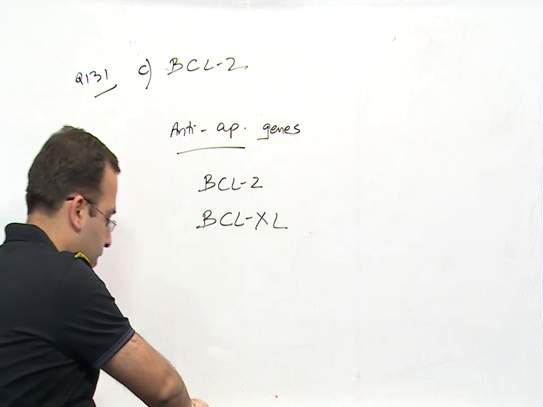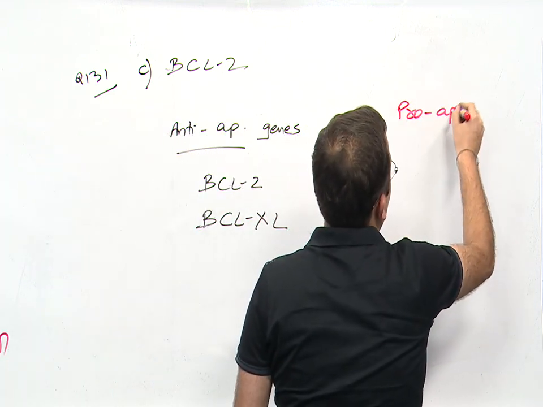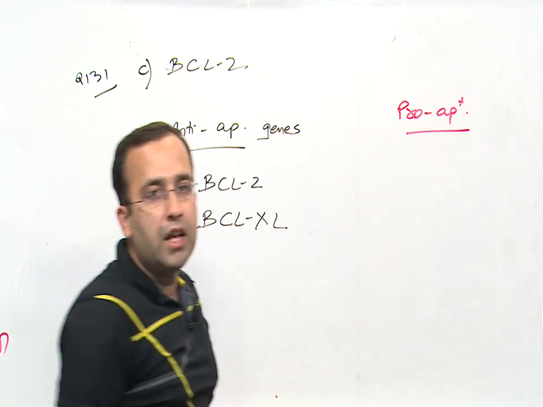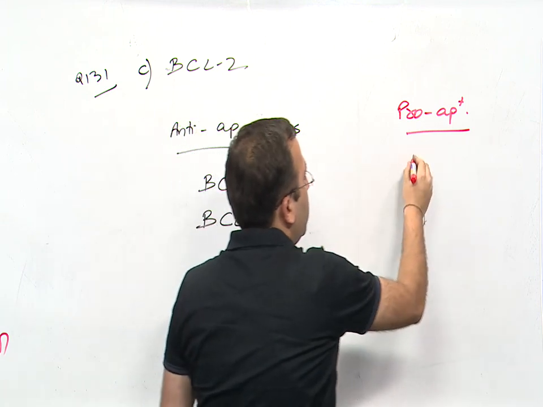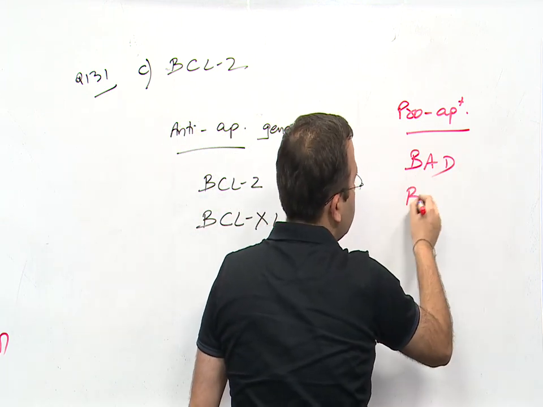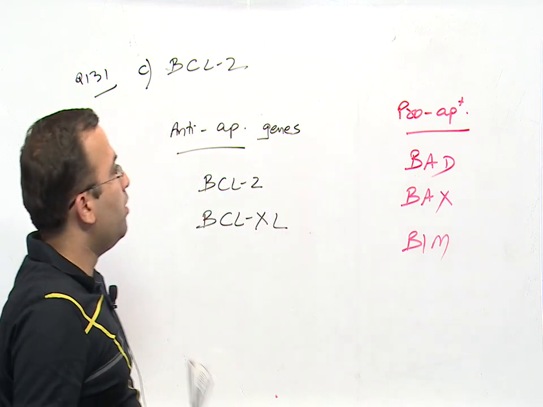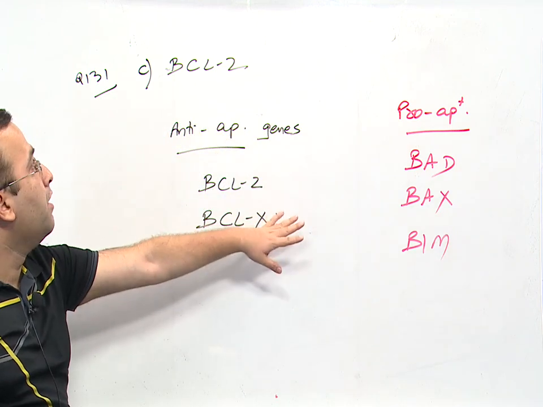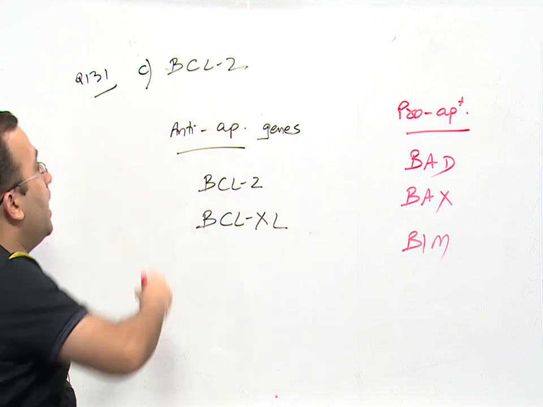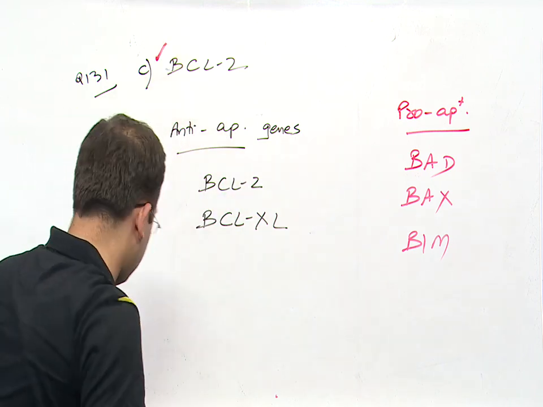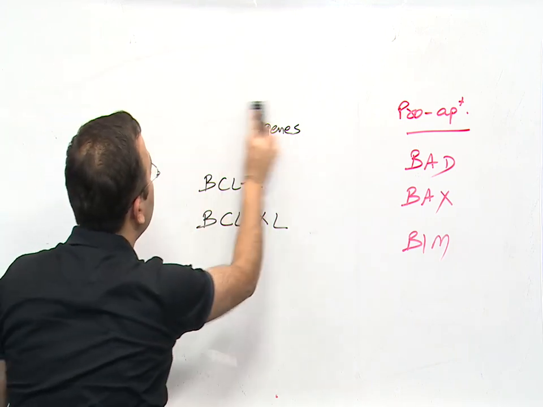Whereas the pro-apoptotic genes are bad, Bax and BIM. So the answer, anti-apoptotic, is BCl2. Next.